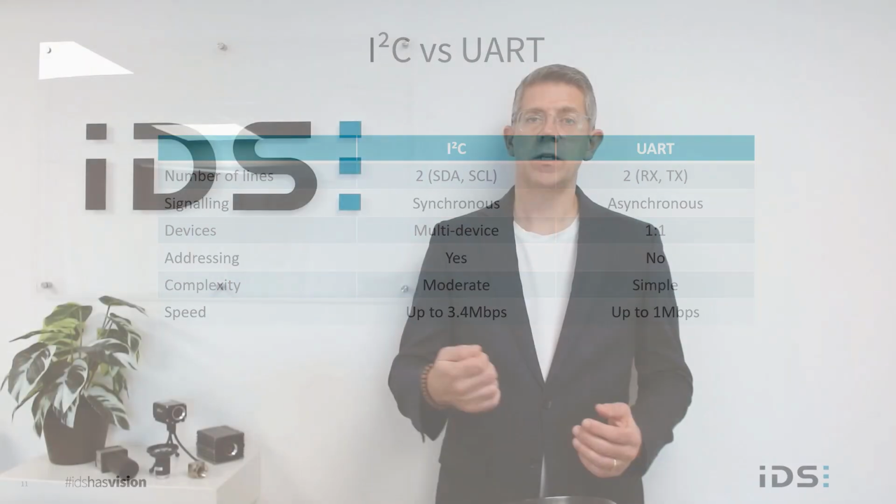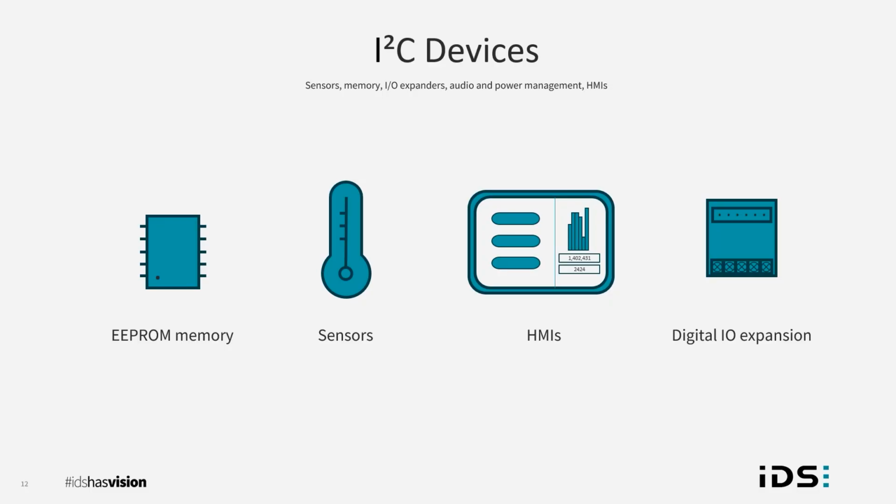Turning now to which peripheral devices we might interface to our UI Plus cameras via I2C or UART. I2C is a typical interface for writing to local EEPROM memory for storing information of a system in an embedded environment. Any number of sensors such as thermometers, light meters, pressure sensors and similar might be used in a system to provide feedback about the environment.